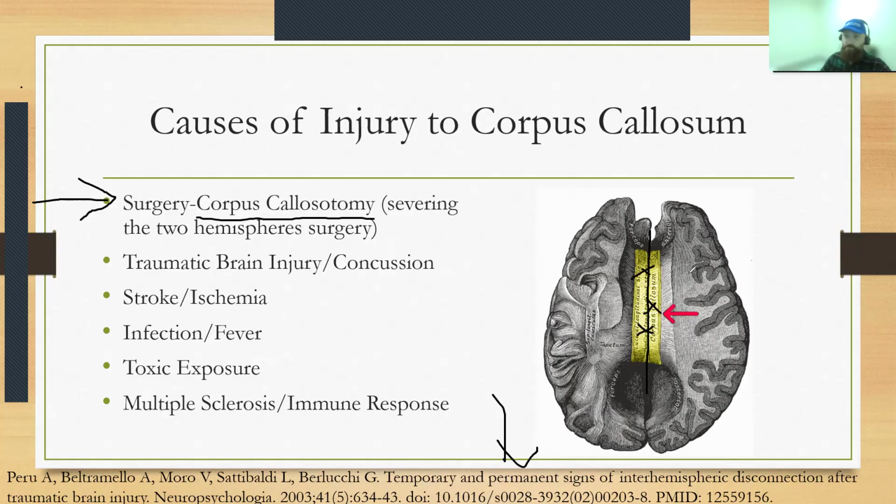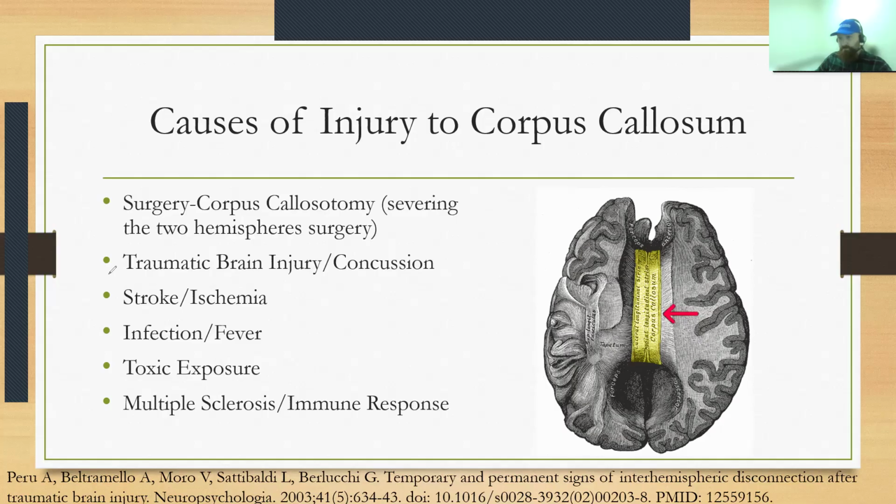This would separate the left and the right sides of the brain. Someone who has that history has a brain injury because it injured part of the anatomy of the brain, specifically the corpus callosum, via surgery. So there are some cases where surgery has caused a brain injury. I'm not going to get into the details of that surgery, but if you would like me to, put that in the comments below.